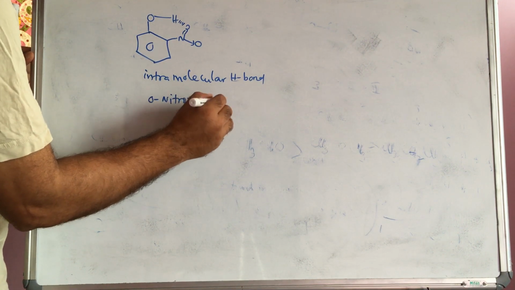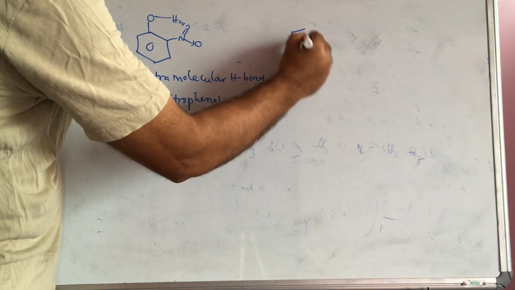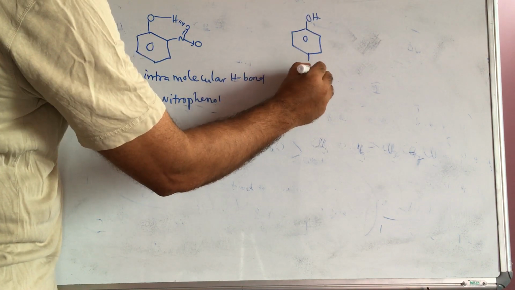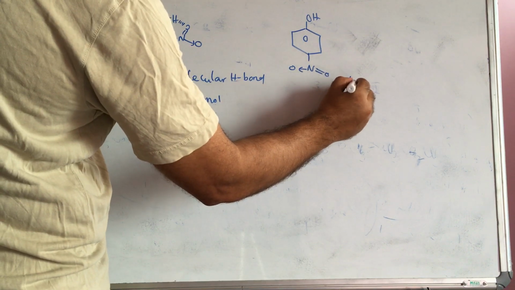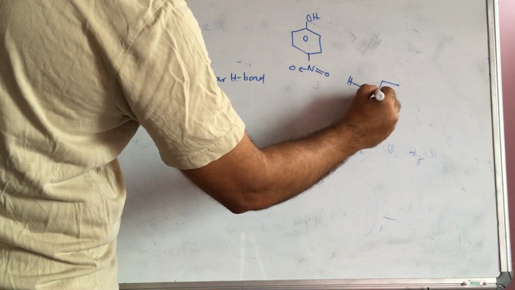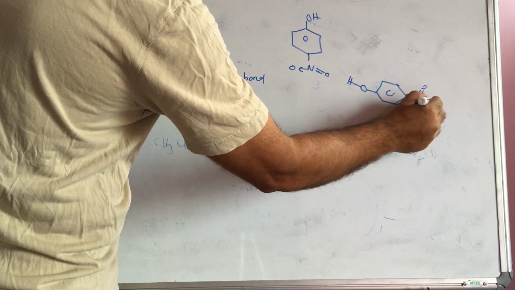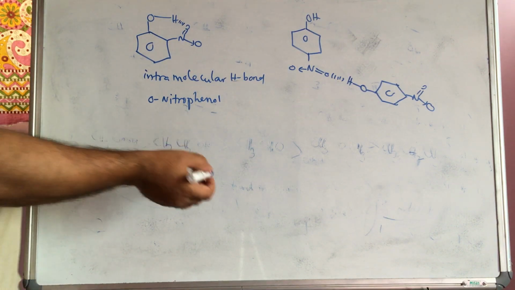This is in orthonitrophenol. If you take paranitrophenol, it can form a hydrogen bond with another molecule, so it will exist as two molecules together.